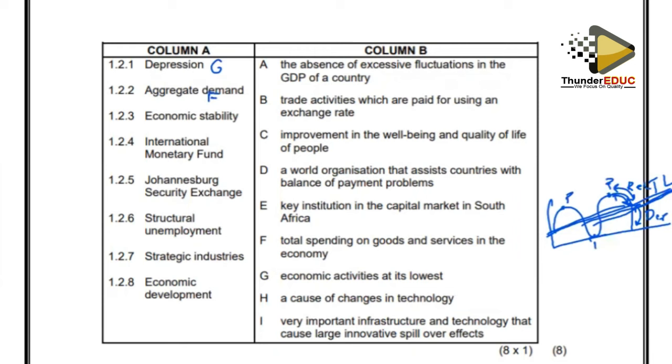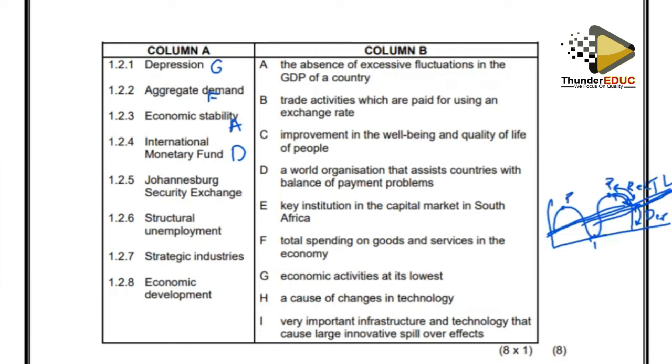Then we have 1.2.3, which is A, the absence of excessive fluctuations in the GDP of a country. Then 1.2.4, the appropriate answer is D, which is a world organization that assists countries with balance of payment problems.